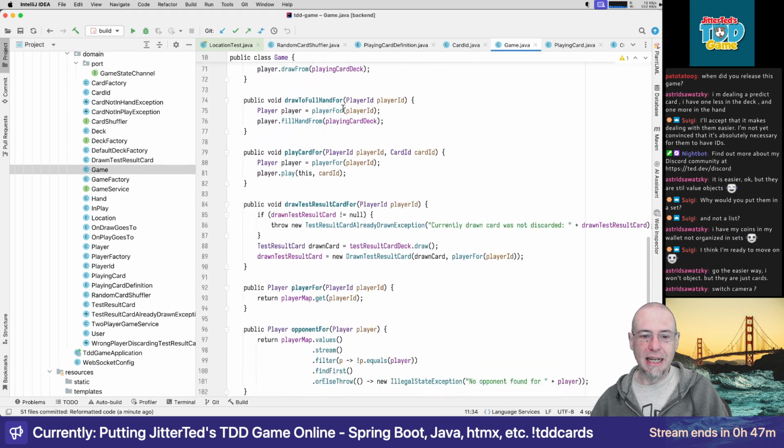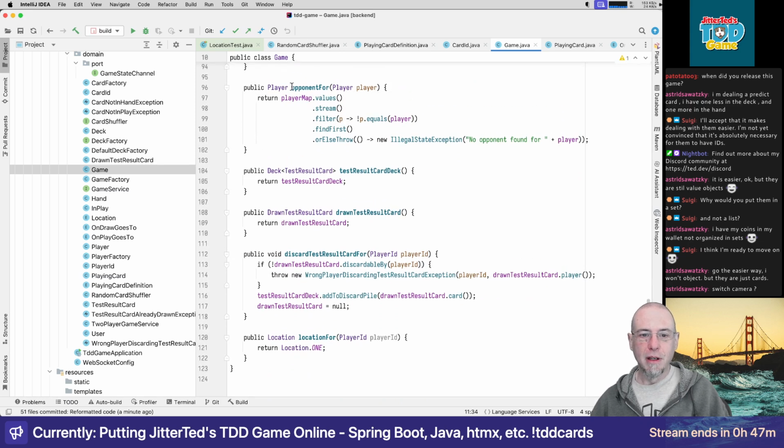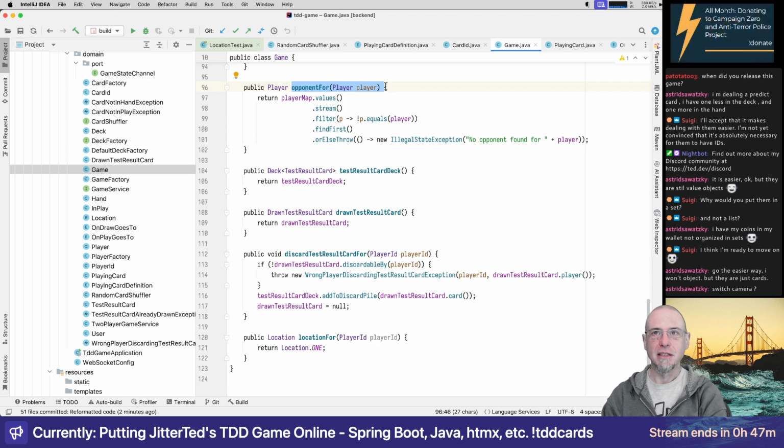However, there is this idea of an opponent for a player, and that doesn't exist. That may have existed when I thought it was only a two-player game, but it makes no sense with a 3 or 4 player game. So that concept has to go away.